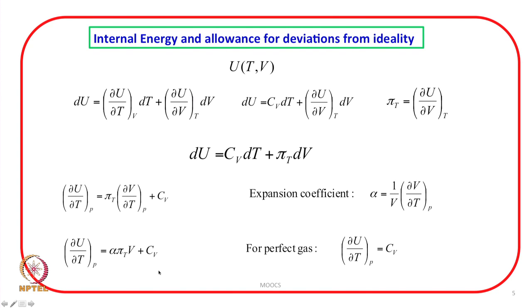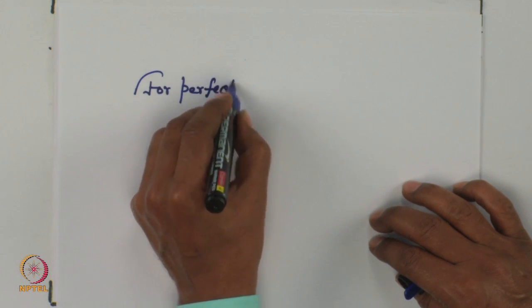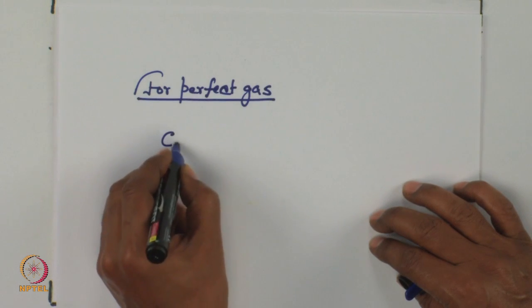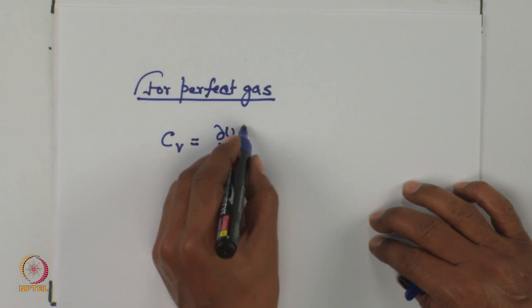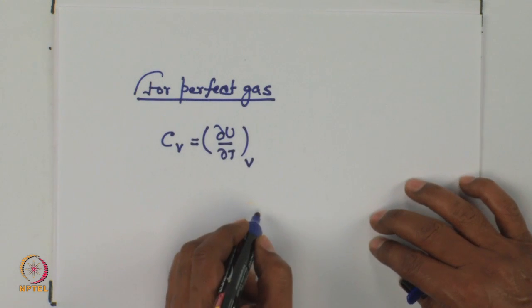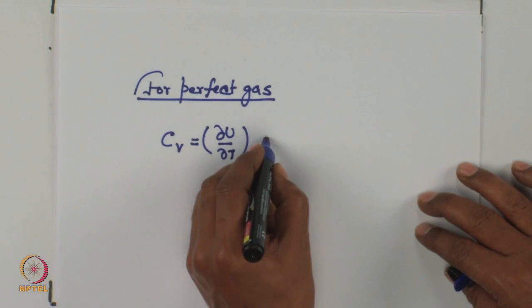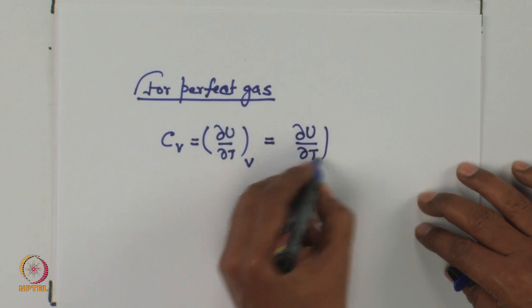So, what we have come up with is that for an ideal gas, Cv is equal to the variation of internal energy with temperature at constant volume, and this is also equal to the variation of internal energy with temperature at constant pressure.